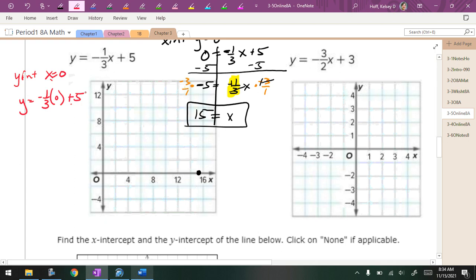What happens here? Very good. Negative 1/3 times 0 is 0. So really we're left with y equals 5. So my y-intercept occurs at 5.